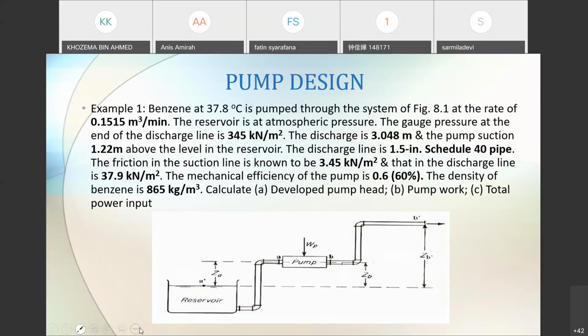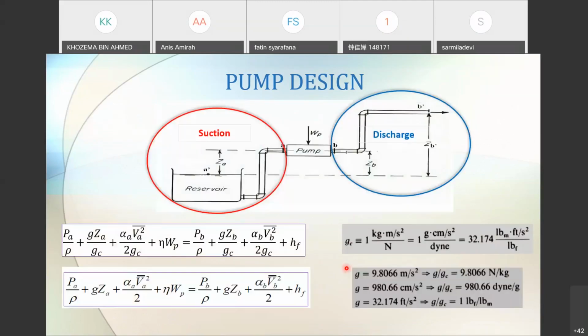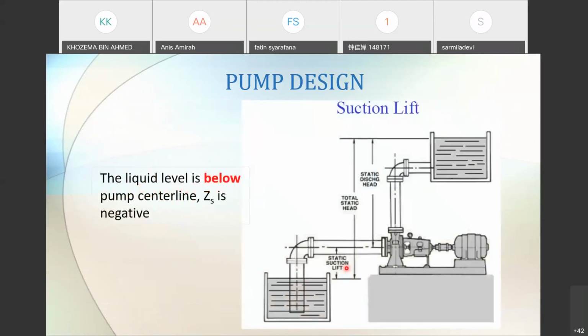So in order for you to find your ZB minus ZA here, if I were to go back to this figure here, this is supposed to be your ZB, this is supposed to be your ZA. So remember, if the liquid is below the pump line, ZS is going to be negative. So this value is supposed to be a negative value.